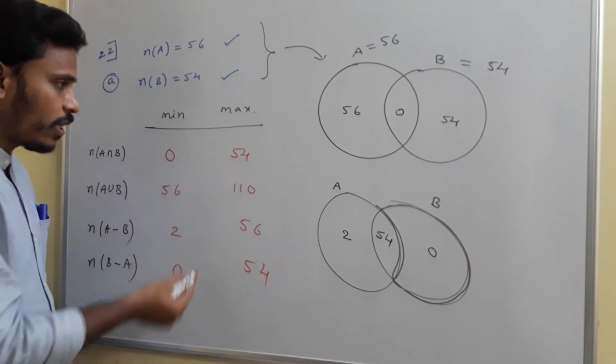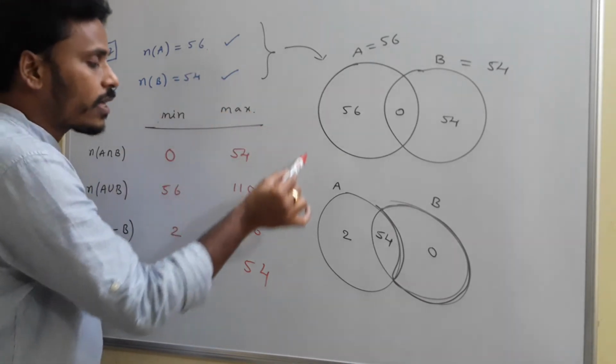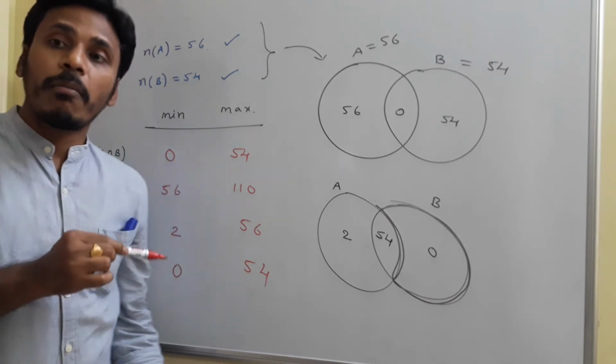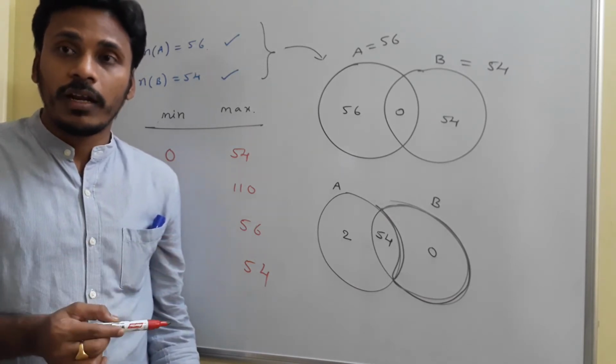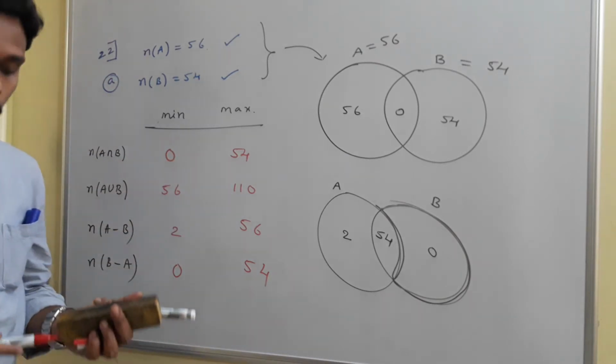So like this, if you have n of A and n of B, after sketching the extreme Venn diagrams based on the minimum and maximum possible values of n of A intersection B, we can easily answer all these questions. Just have a look.